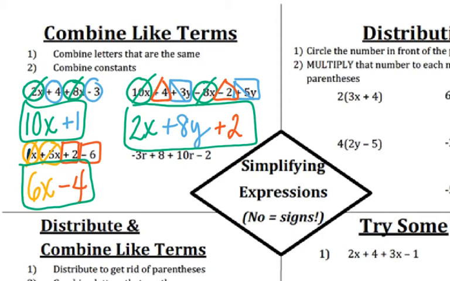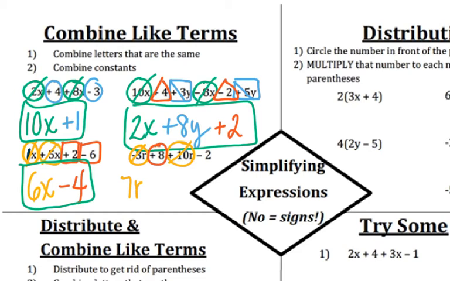So let's try one more like this, and then we'll move to the next one. All right, we have negative 3r's plus 10r's. Negative 3 plus 10, what would that be? Positive 7r. If you struggle with number crunching, use that Desmos calculator. Negative 3 plus 10 is positive 7.